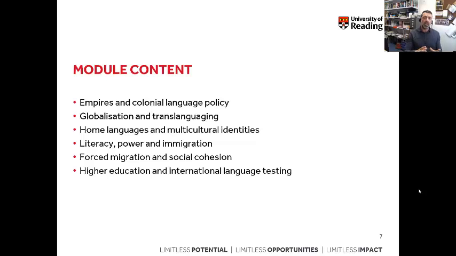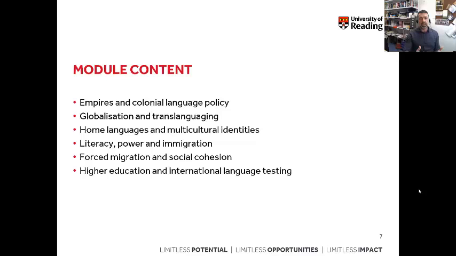So we look at how empire building and imperialism, these huge social and economic and political processes, had a huge impact on the way that we currently understand the nation state. And so we look at issues like nation building and relate this to migration.